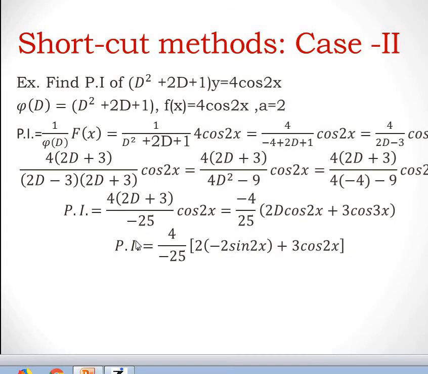So this term becomes −4 upon 25 as it is, in brackets the 2 as it is, and the derivative of this term is −2 sin of 2x, plus 3 times cos of 2x as it is. That is our PI. So our PI is −4 upon 25, (−4 sin of 2x plus 3 times cos of 2x), that is our PI.